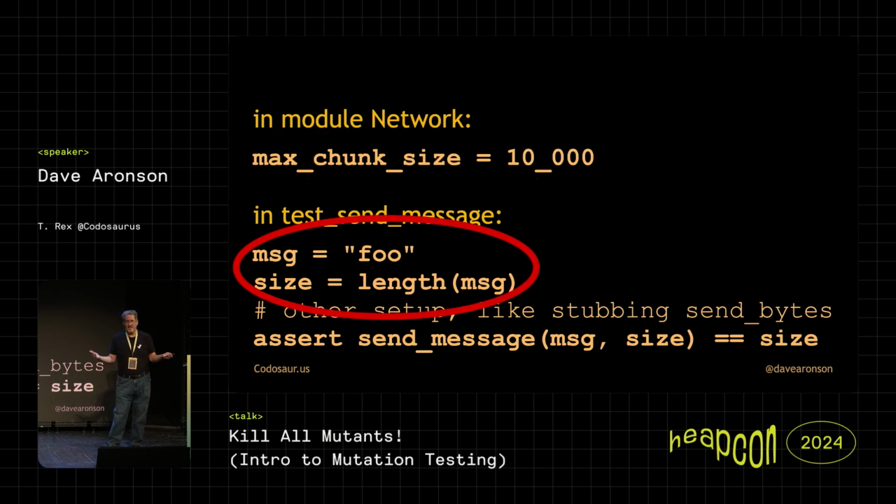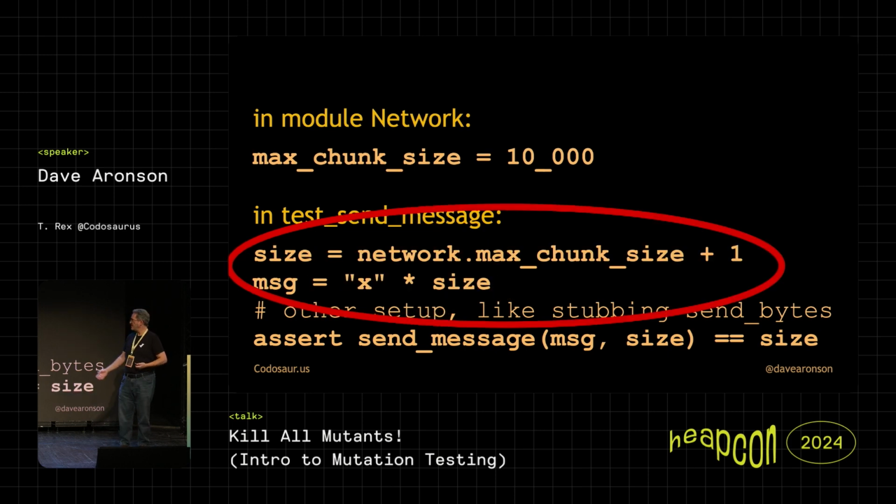The obvious fix is to deliberately use a message bigger than our maximum chunk size. And with the fake messaging we're using here, it's downright trivial to construct one. We just take our maximum chunk size, add some, and make that big a message.